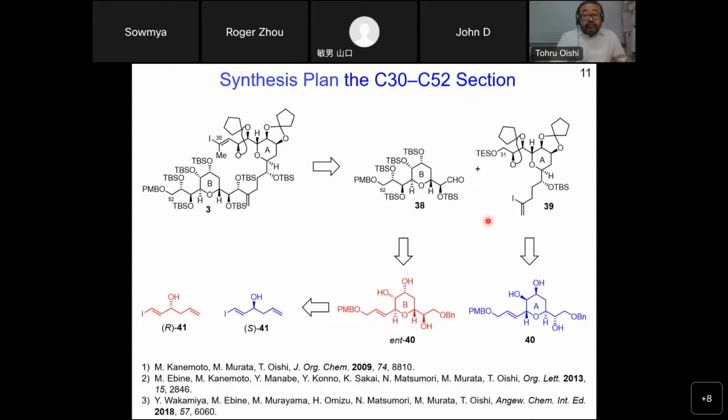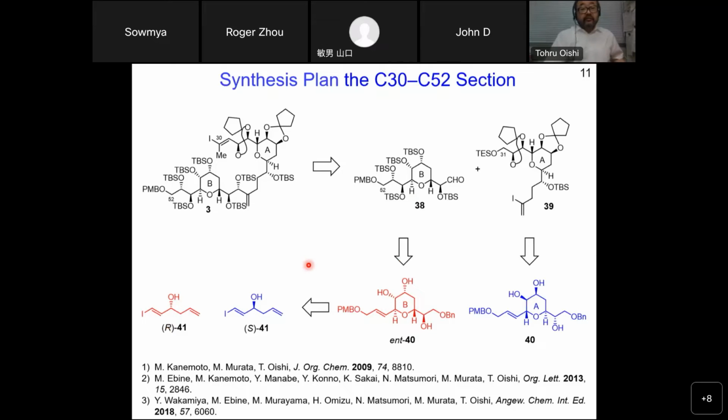And this aldehyde and this iodoolefin would be derived from the enantiomeric tetrahydropyran ring systems. It's a very interesting structure, a completely enantiomeric form of the tetrahydropyran derivative.